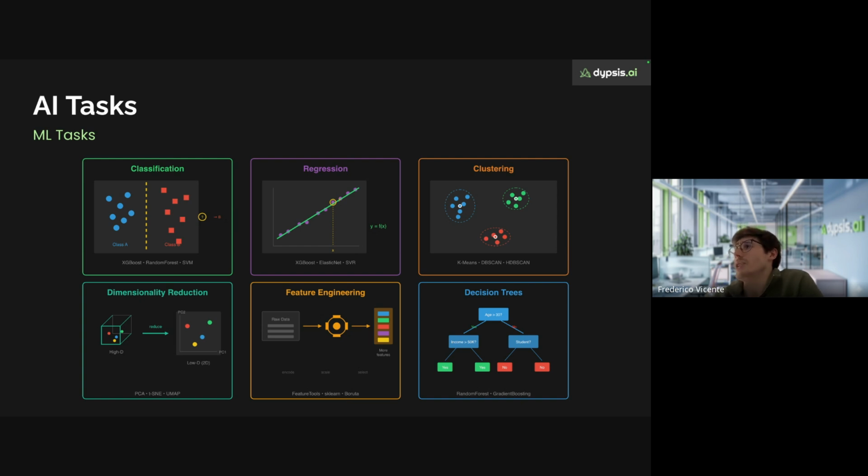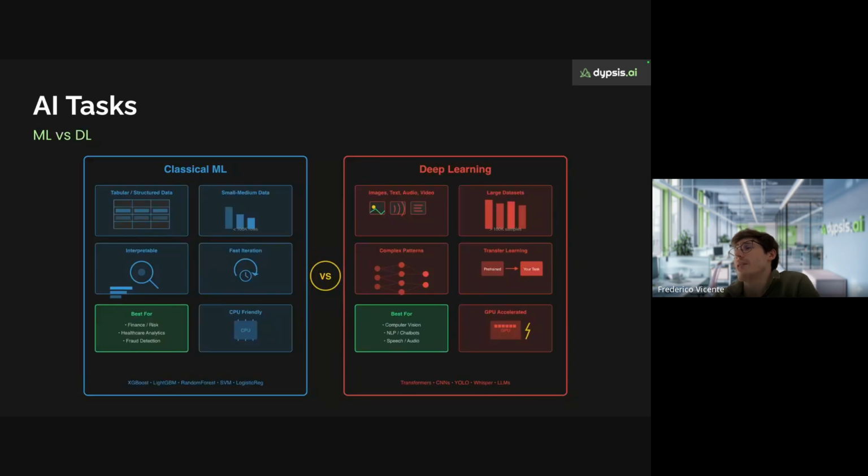And this brings us to the question of when to use classical machine learning versus deep learning. It normally depends on whether you have a lot of data or low data.